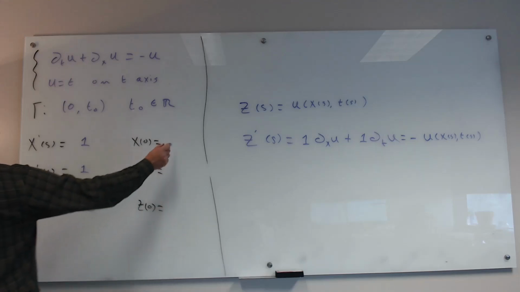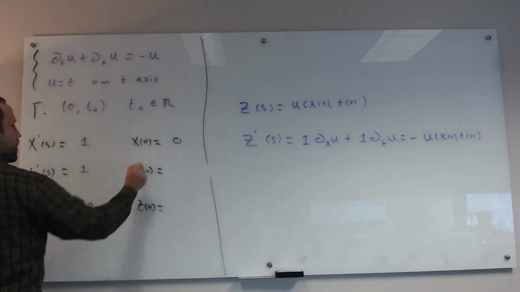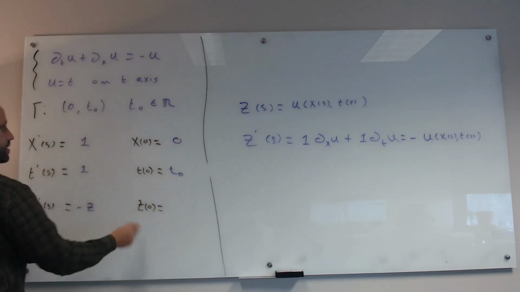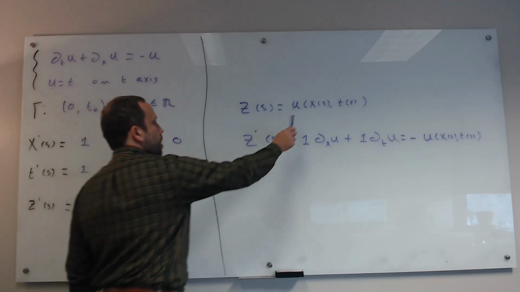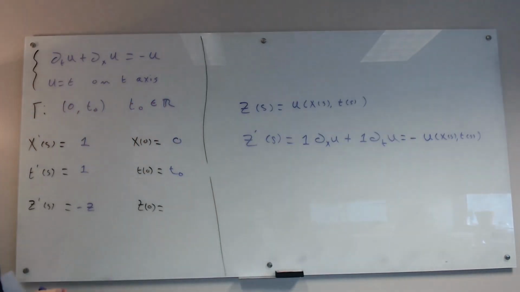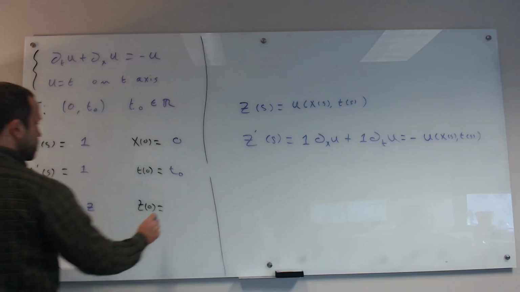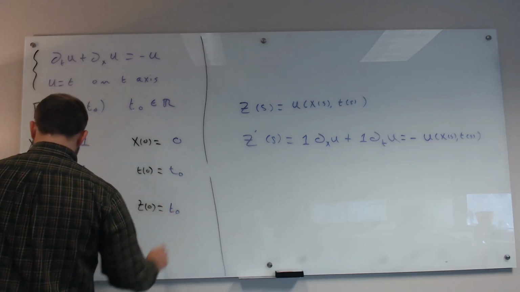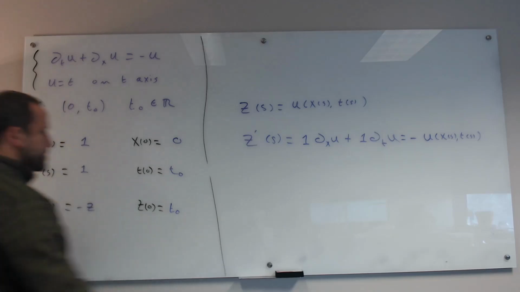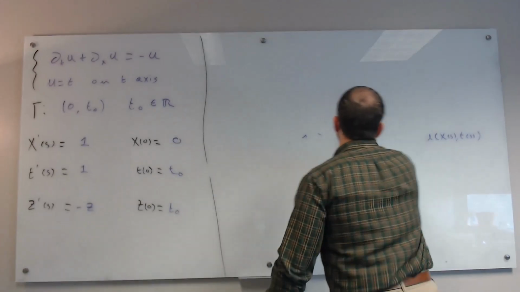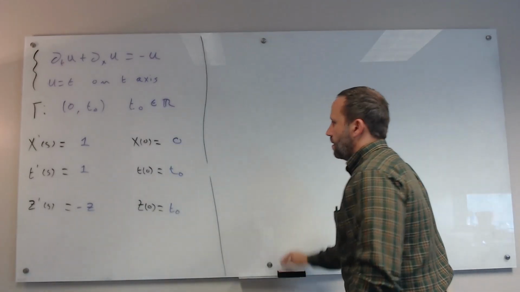The initial values: x of 0 is equal to 0. T of 0 is equal to whatever that is there. And then z of 0 is always going to be u of x of 0, t of 0. That is u along the boundary. So in this case, it's just going to be equal to t naught. Okay. So again, this system is easy to solve.